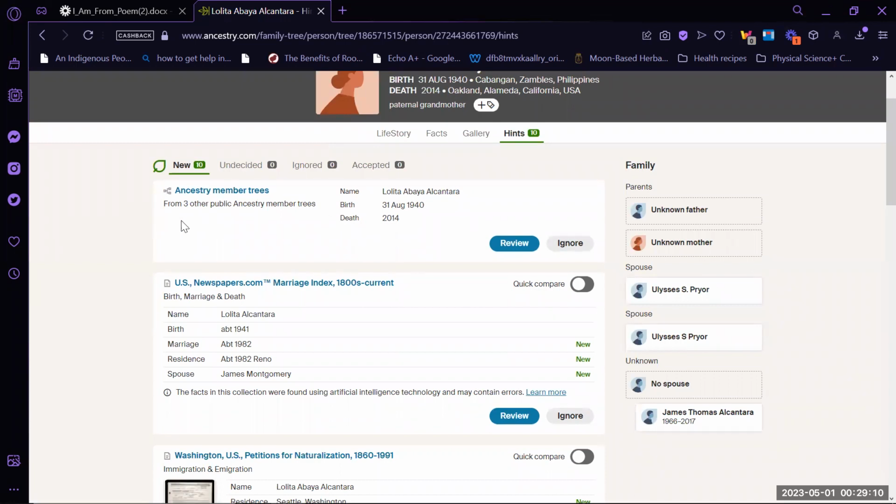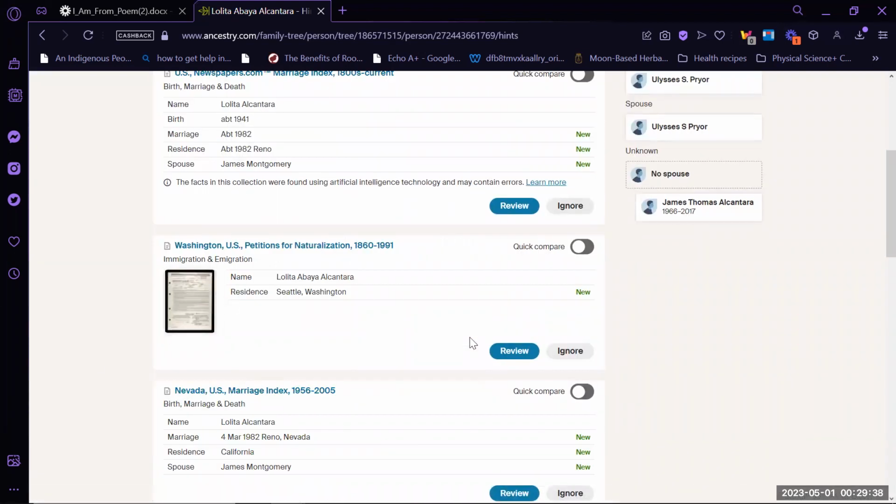Usually the first information that pops up is Ancestry member trees, so you can look at other people that have that family member on their tree. Sometimes you can find people you did not know had her on their tree, and maybe go even further in your research.